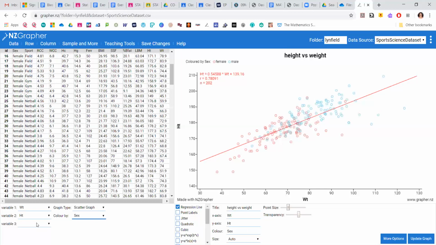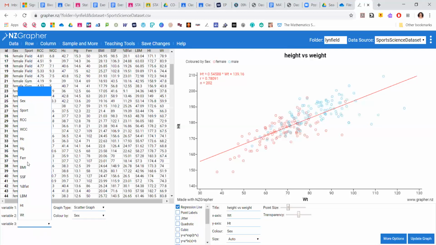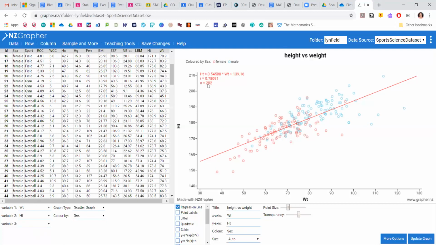So what I can do now is go down to variable 3 down here in the left-hand side of my graph and split the graph by that third variable. If you just notice the correlation here first, you have the correlation coefficient of 0.78.